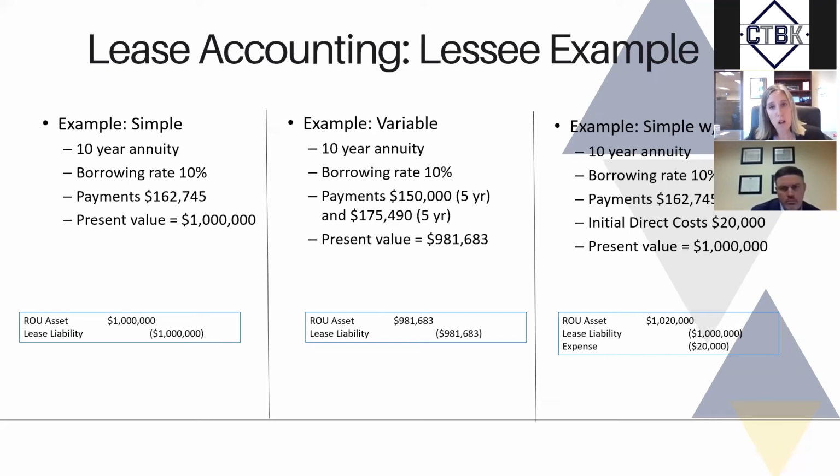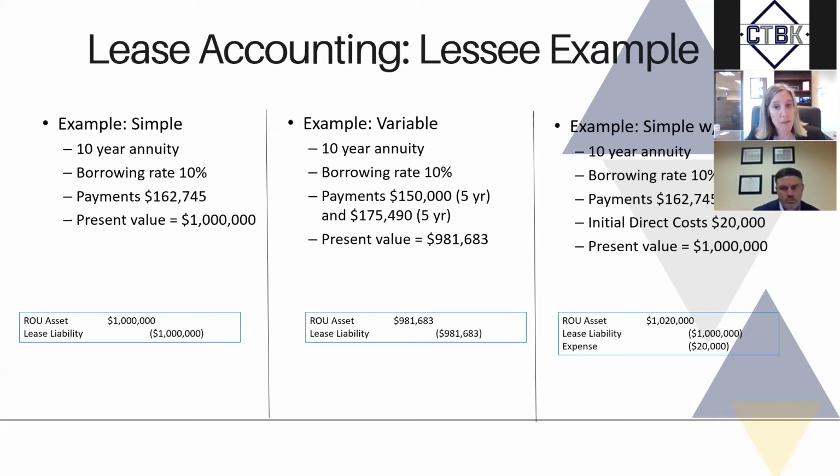Moving all the way to the right, in my third example, I'm going back to that simple example again, but now I'm adding initial direct costs. In this particular example, I incurred $20,000 of initial direct costs to obtain this lease. So my lease liability is still my present value, $1 million, the same as the first example.